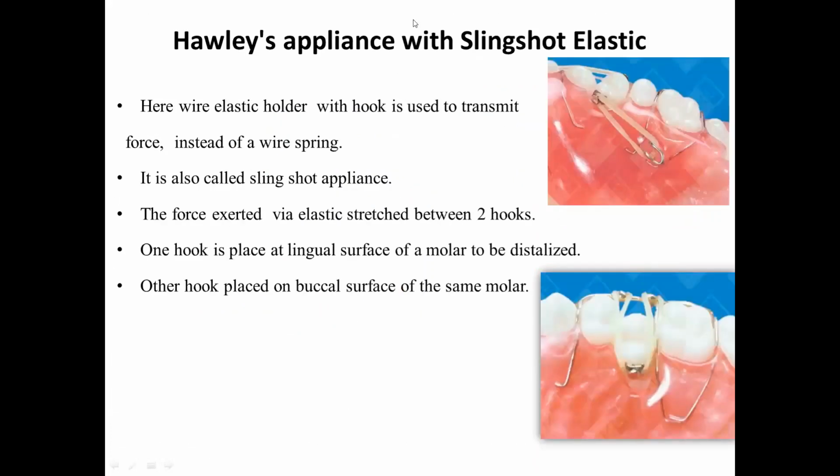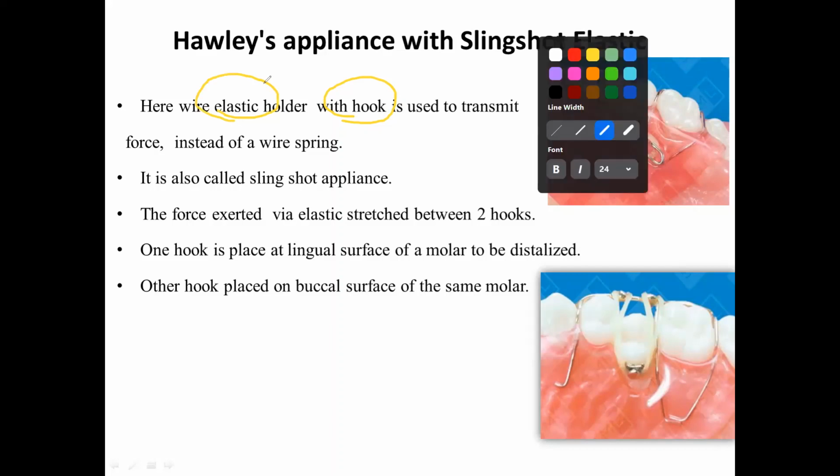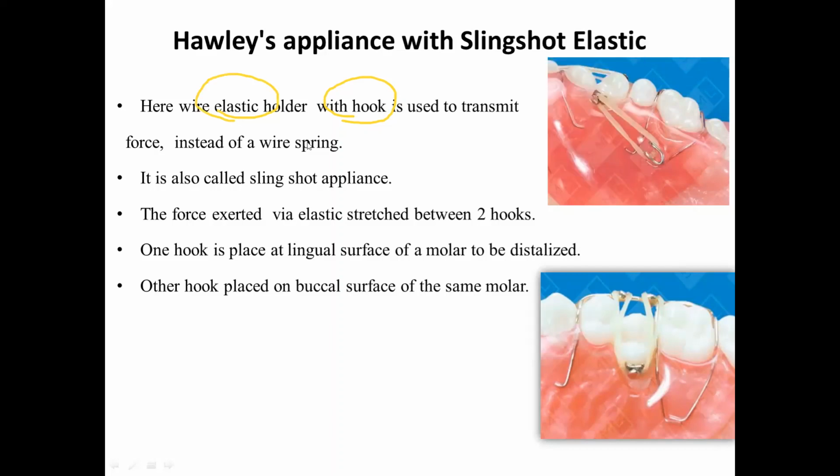Another type of appliance that is again a Hollis appliance, because we are discussing the removable one, but this appliance is having some hooks and we are using some elastic. So that's why we are calling it a Hollis appliance with an elastic. We call it a slingshot elastic. You see here, again the same acrylic plate.